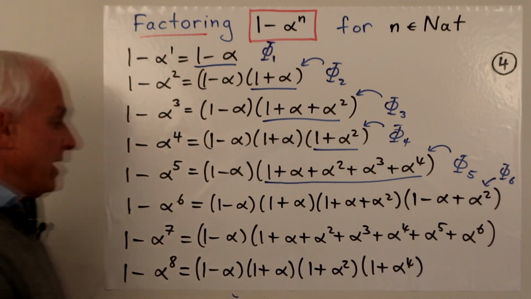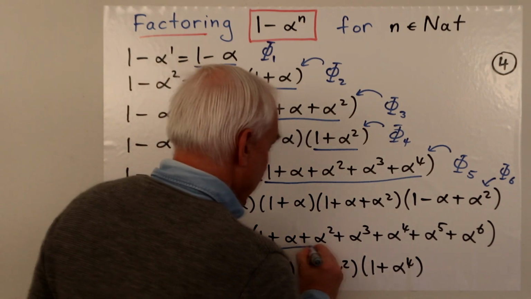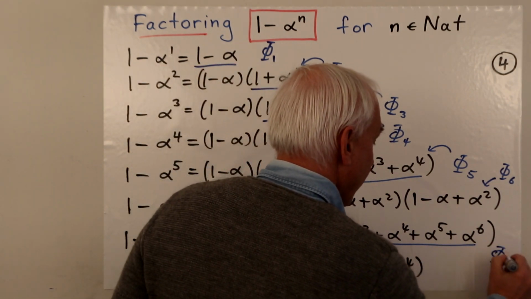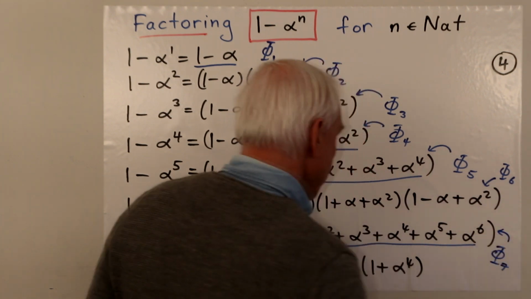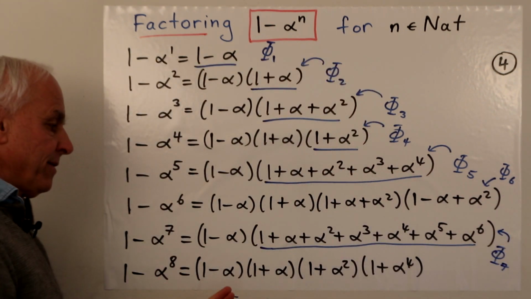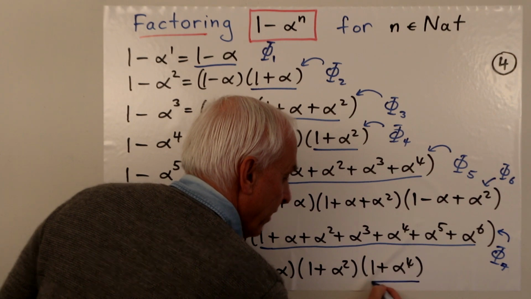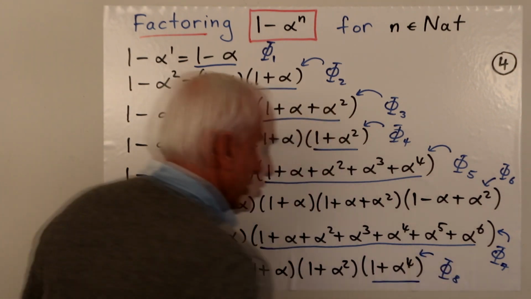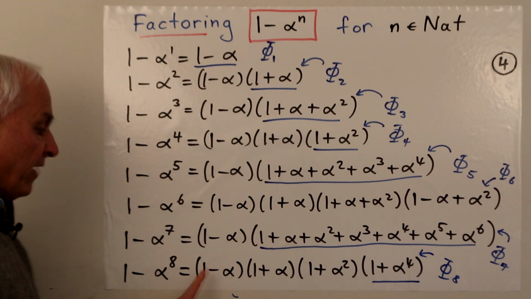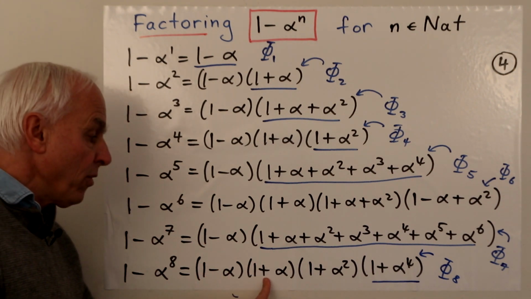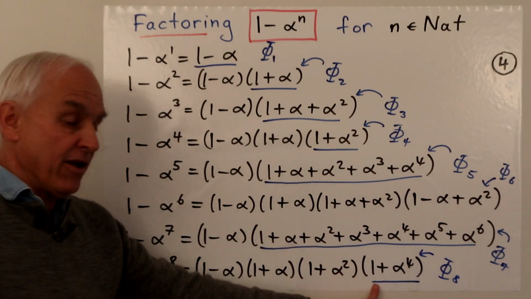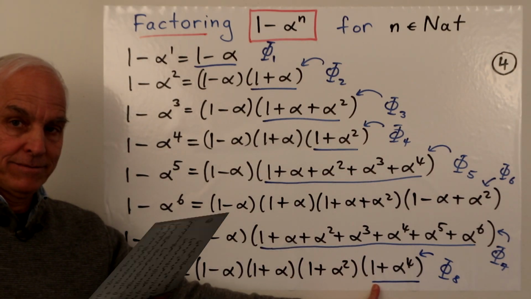With n equals 7, well, we get this big thing here. That is phi sub 7. And with n equals 8, this is the new one. So that's phi sub 8. And let's just check that this then is the product of phi sub 1, phi sub 2, phi sub 4, and phi sub 8. So let's carry on.